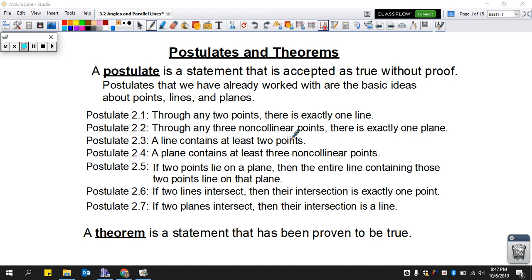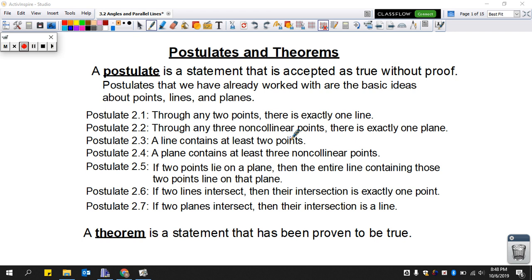The basic definitions I'm talking about are what is a postulate and what is a theorem, and how are they different. Both of them are statements, but a postulate is a statement that is true without proof. In other words, it's one of those basic ideas in geometry that is universally accepted as being true without having to have a proof done on it.